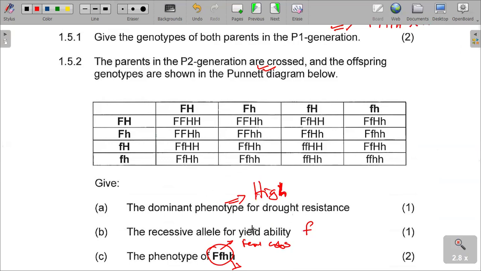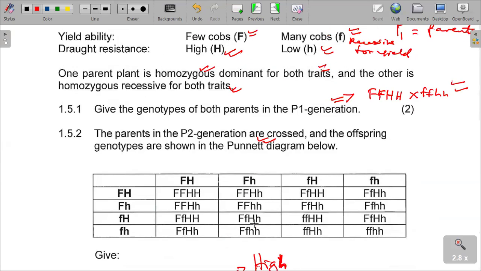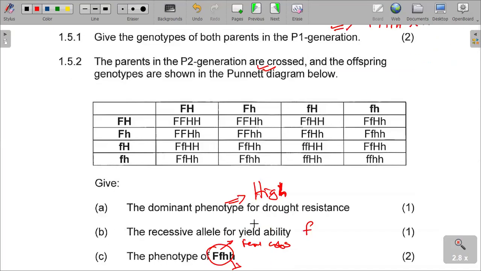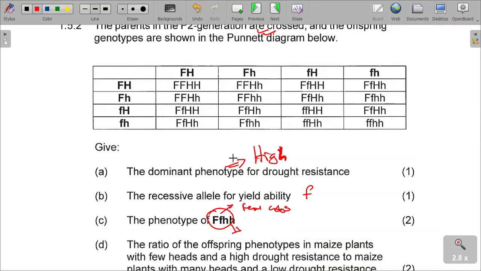And then recessive h is representing low drought resistant.